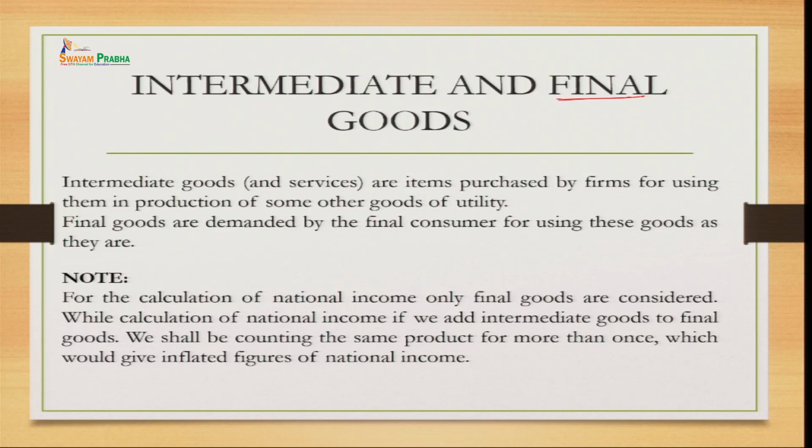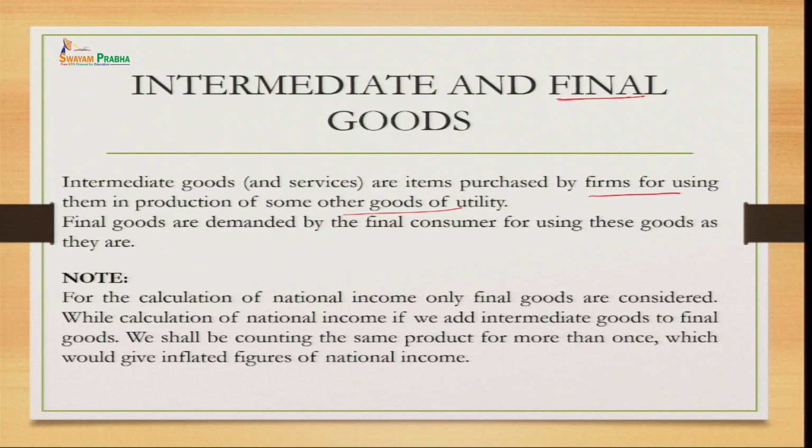Intermediate goods are those goods which are used for further processing, whereas final goods are those goods which are used directly, which are not used for further processing. So, intermediate goods are those items which are purchased by producers for using them in the production of some other goods of utility.